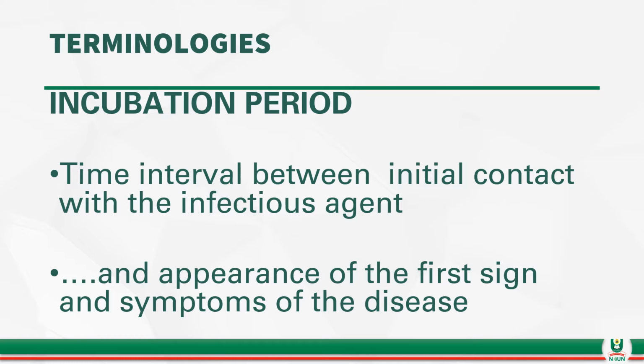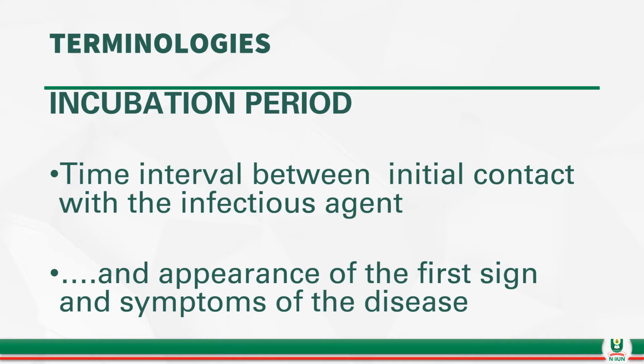What is incubation period? Incubation period of any disease is usually the time interval between the initial contact with the infectious agent, when the infectious agent gets into the body, and when it begins to manifest its first signs and symptoms of the disease.